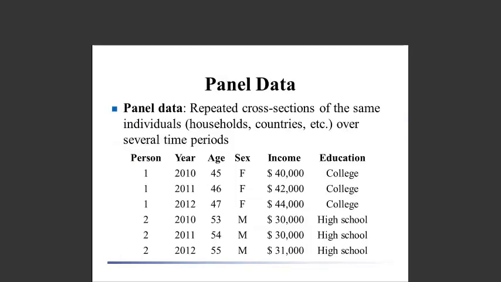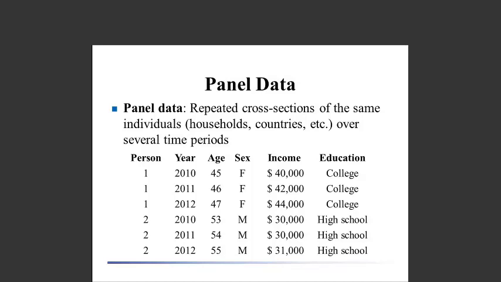Okay. So I'll start with a brief overview of panel data. That's, like we noted, one type of data that we use with fixed effects and random effects models. Panel data is the pooling of observations for the same cross-section of individuals or households, countries, firms, whatever the unit of analysis is, over several time periods.